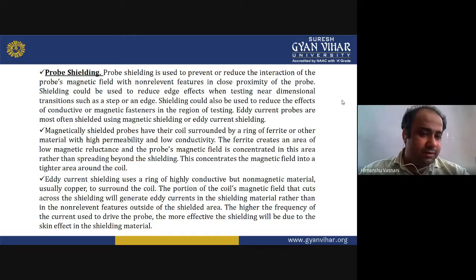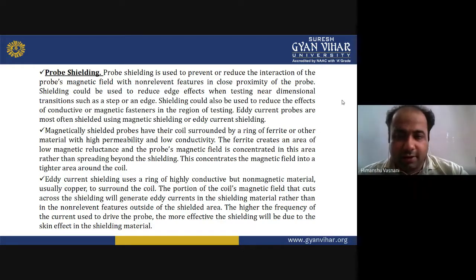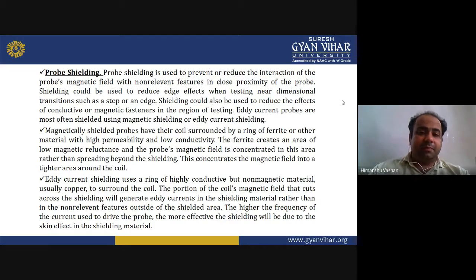Magnetically shielded probes have the coil surrounded by a ring of ferrite or other material with high permeability and low conductivity.